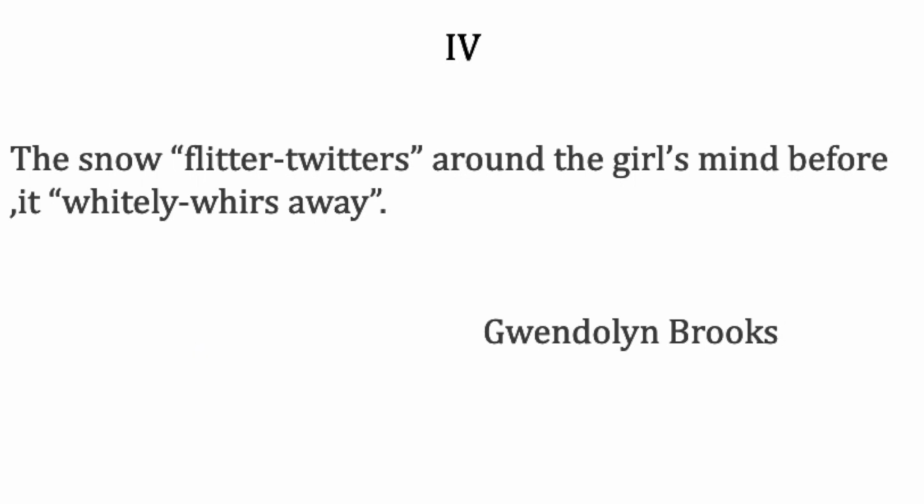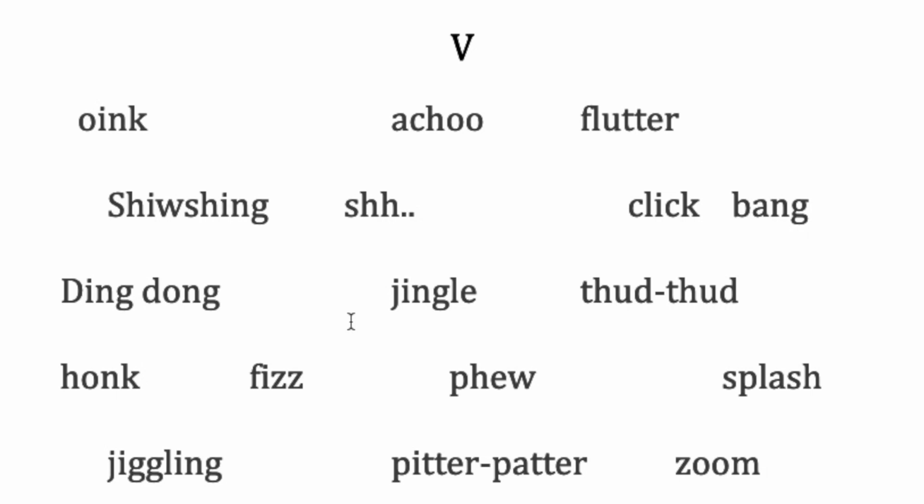Now I have a list of words which talk about sound, and you can relate them to a particular object, thing or animal. Oink, you can relate to the sound made by pigs. Achoo, sneezing. Flutter, swish, shh, click.